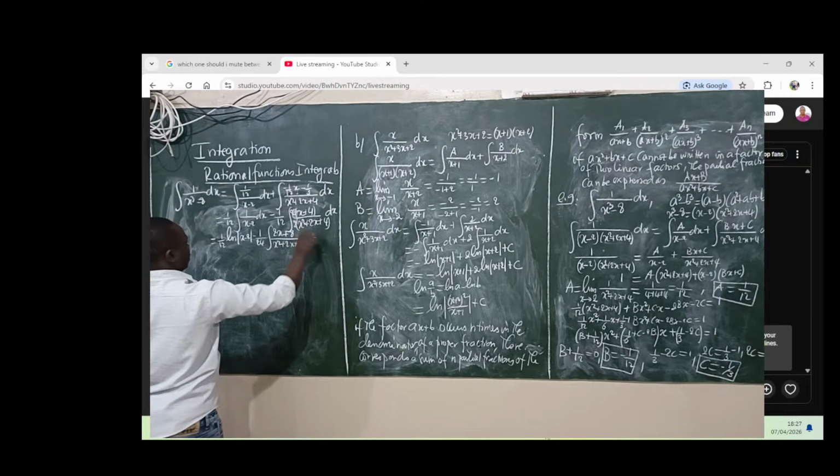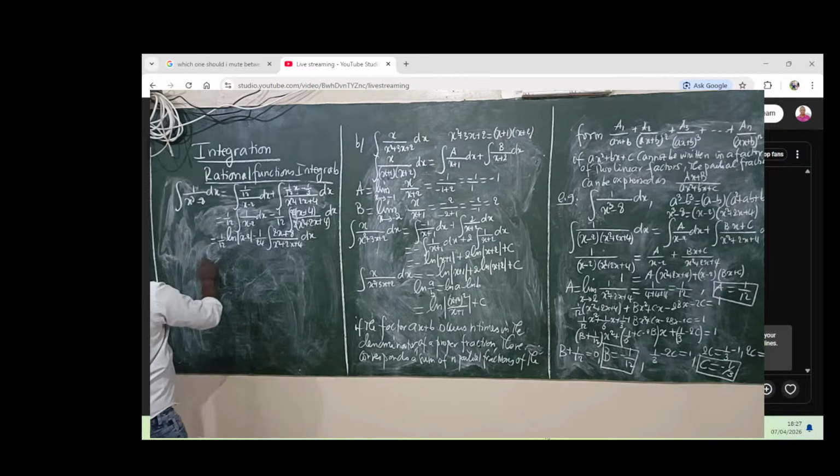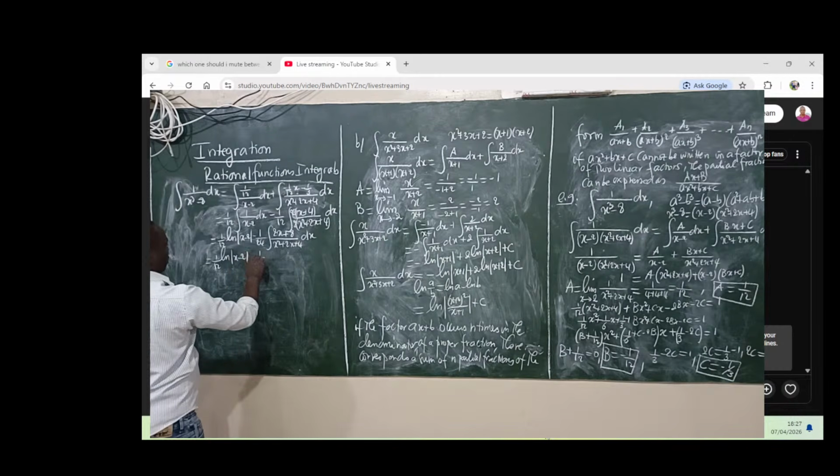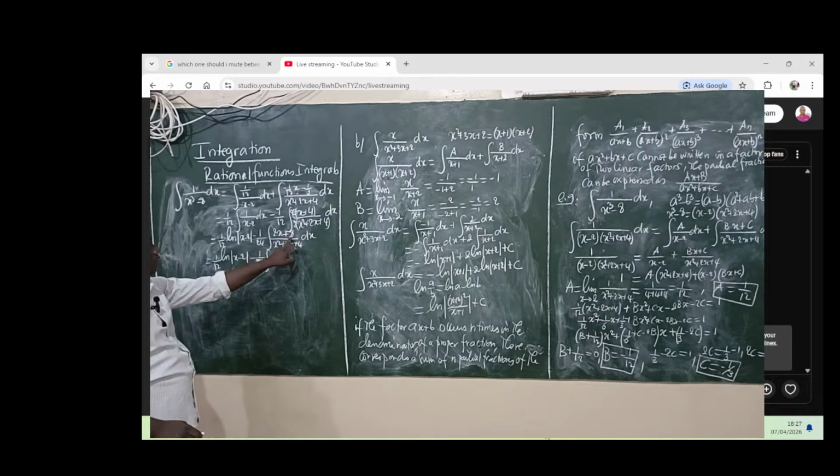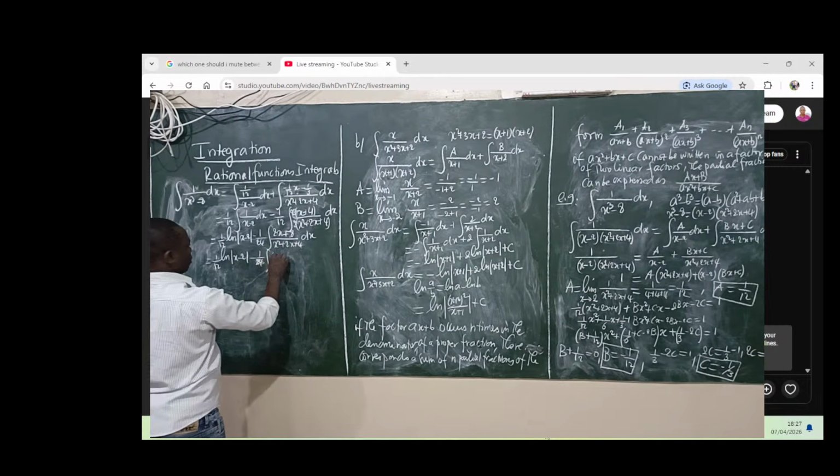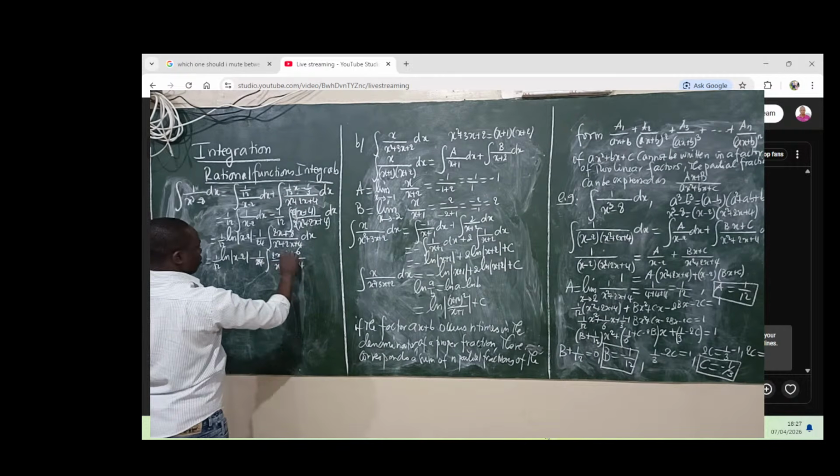This is 1 by 12 ln of x minus 2, sorry, 2x plus 2 plus 6, over x squared plus 2x plus 4 dx.